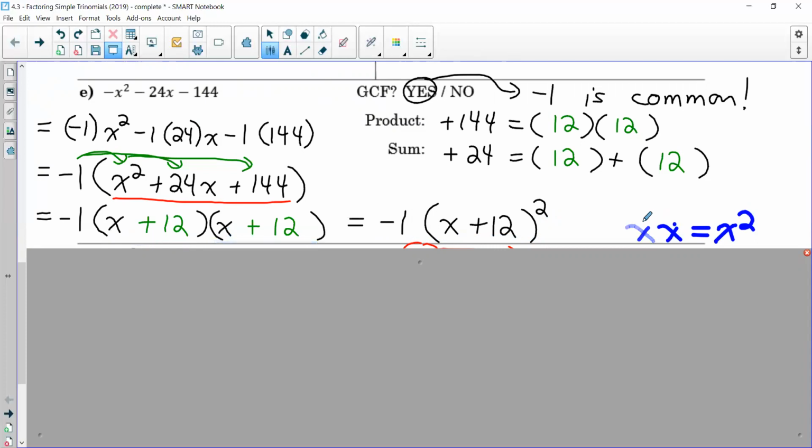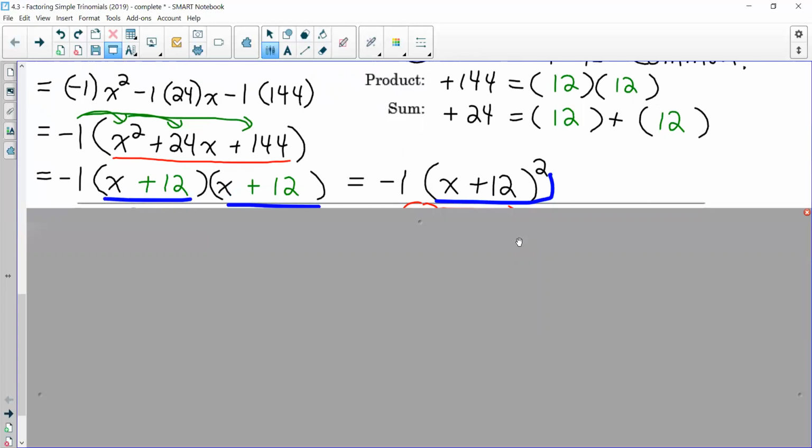So when you multiply two things that are the same, you can shortcut the writing by writing with an exponent. So two things multiplied together that are identical produce a shorter writing way, x plus 12 to the power of 2.